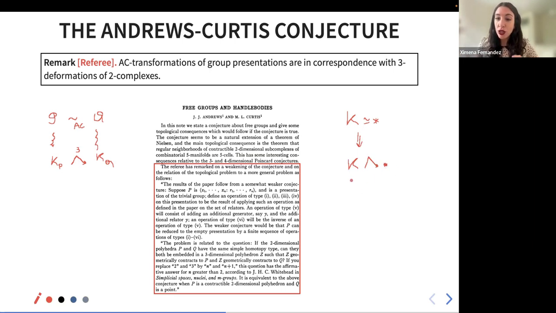And it's also true that if your complex K has dimension n, then you always have an n+1 deformation, if the dimension n is different from 2. For the case n equal to 2, this statement is open. And this is the analog of the Andrews-Curtis conjecture from a topological side.